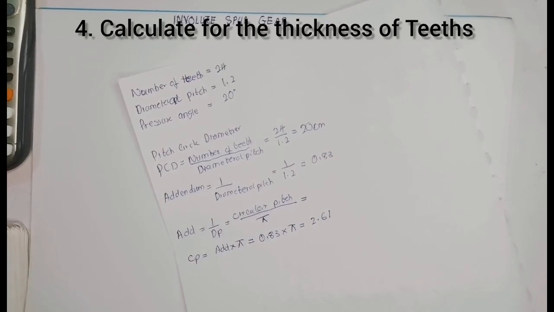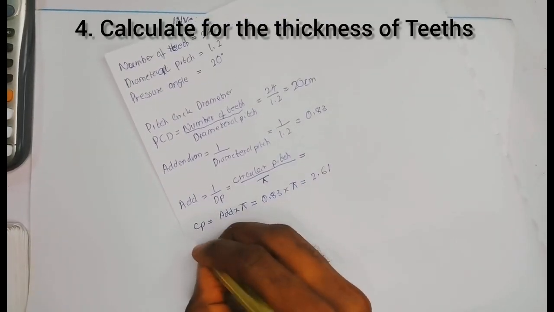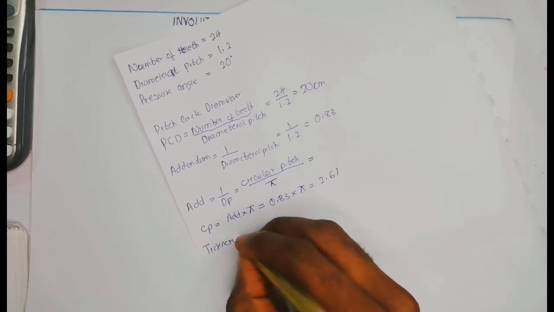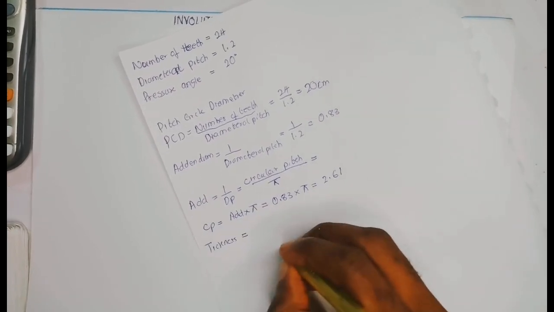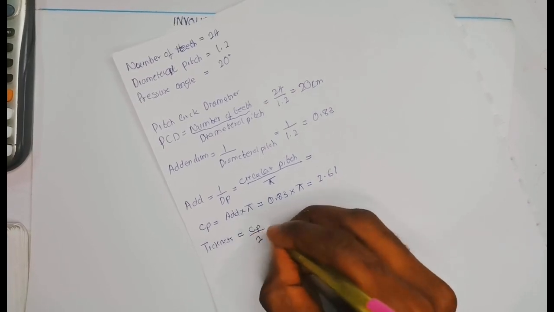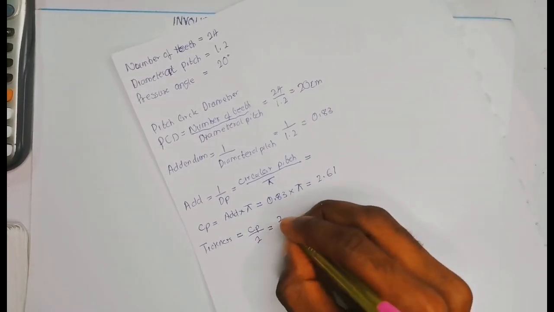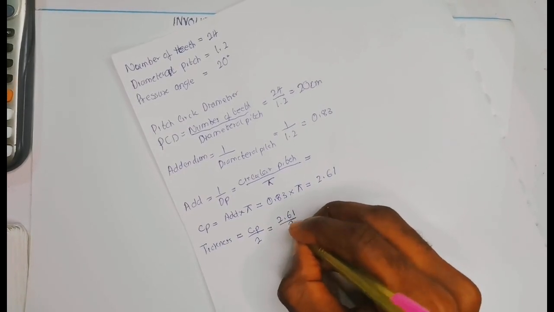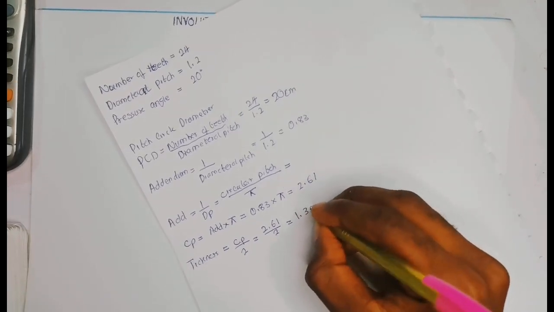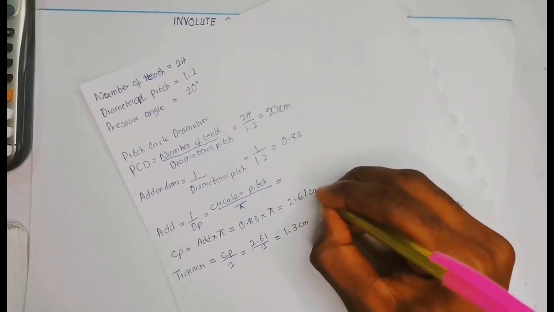Next off, we calculate for thickness of teeth, which is CP, which is the circular pitch, all over 2. Circular pitch, as we calculated earlier, 2.61 all over 2, which is 1.3, all in centimeters, not forgetting.